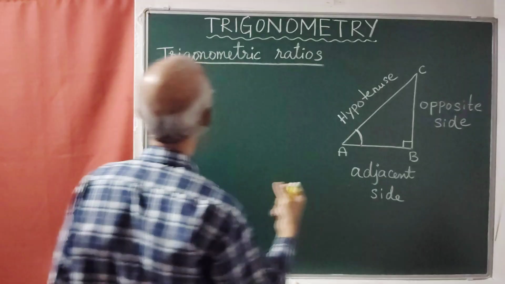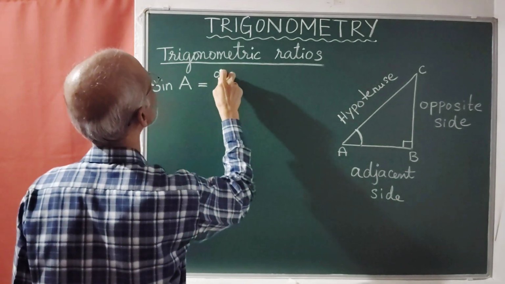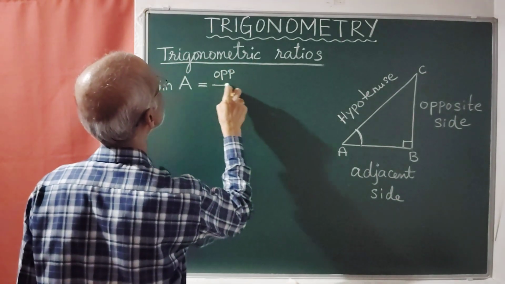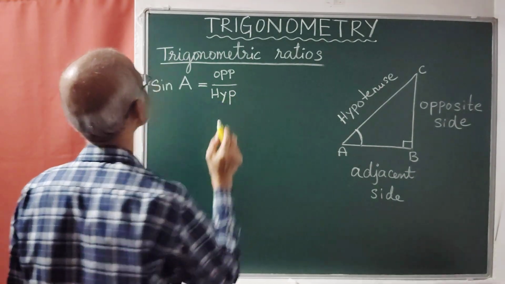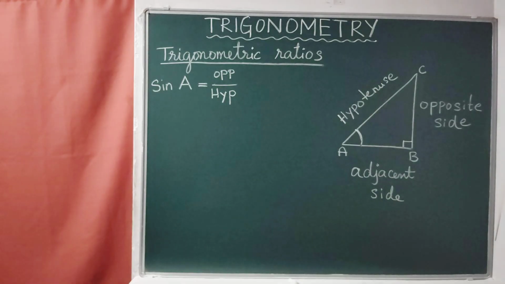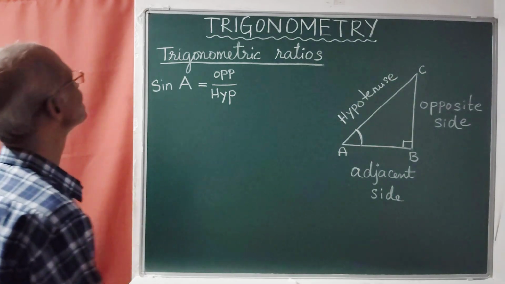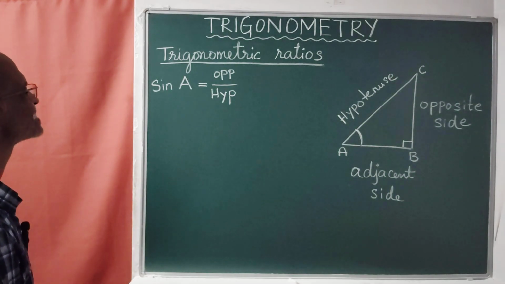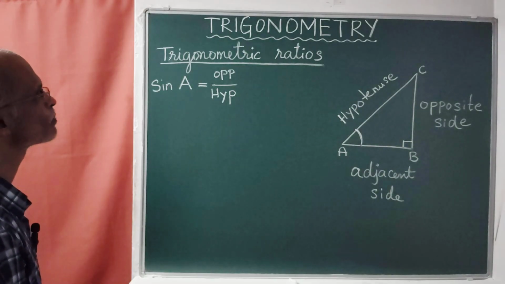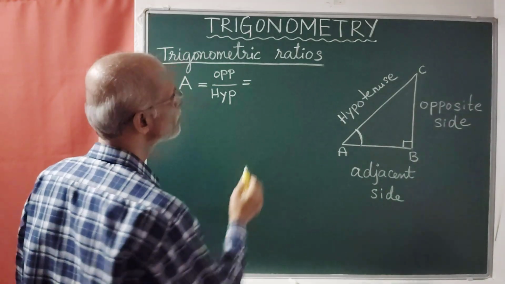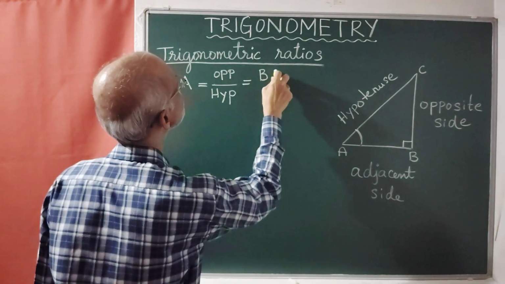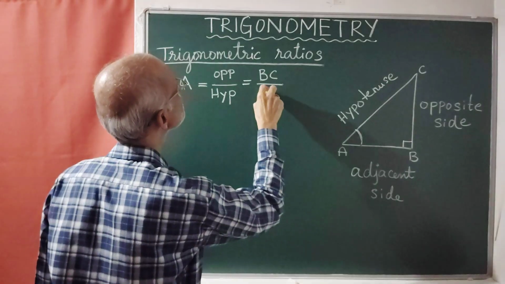Opposite side divided by hypotenuse. So which is the opposite side for angle A? BC. So sin A is BC by AC.